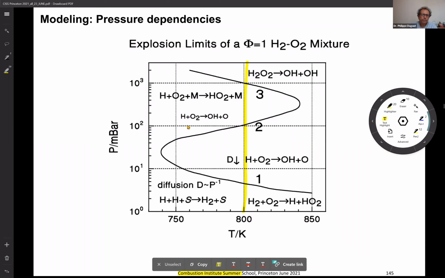And then it's competing with this reaction, which becomes less important. And then the overall rate of oxidation of hydrogen starts to decline. HO2 are not very reactive. They accumulate, they can react with themselves and produce H2O2.